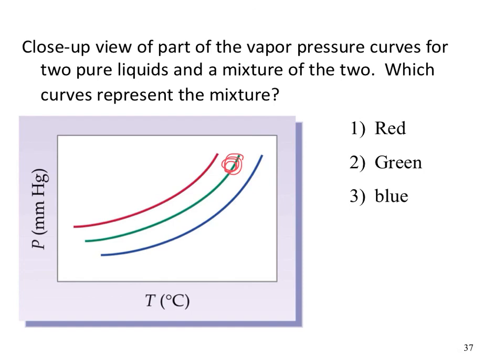So you can perhaps envision something like ethanol when mixed with water, and the mixture is going to be this green curve, which will be dependent on the amounts of the ethanol and water that are present in that mixture.